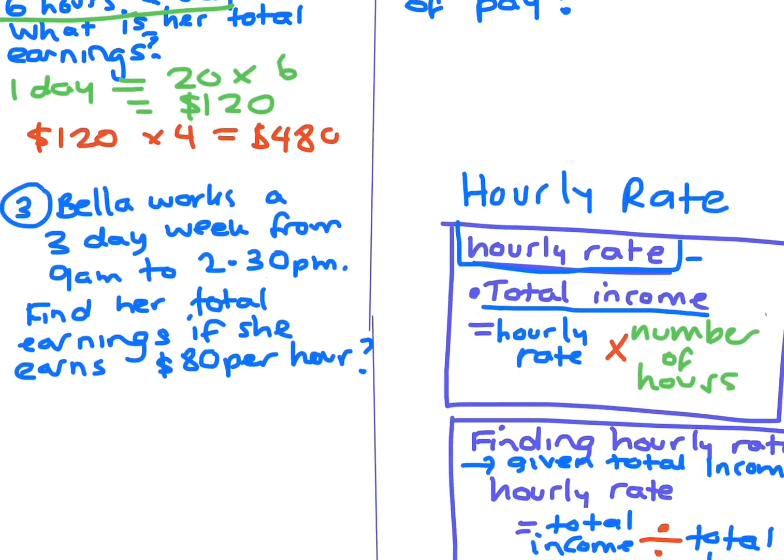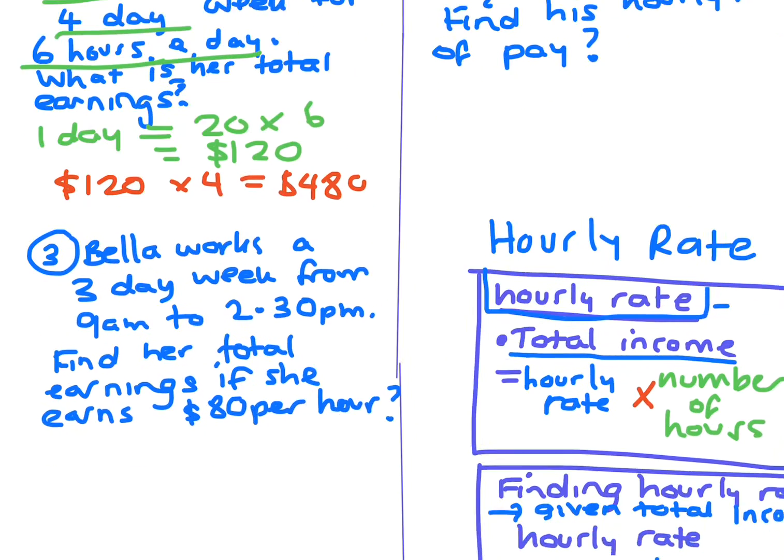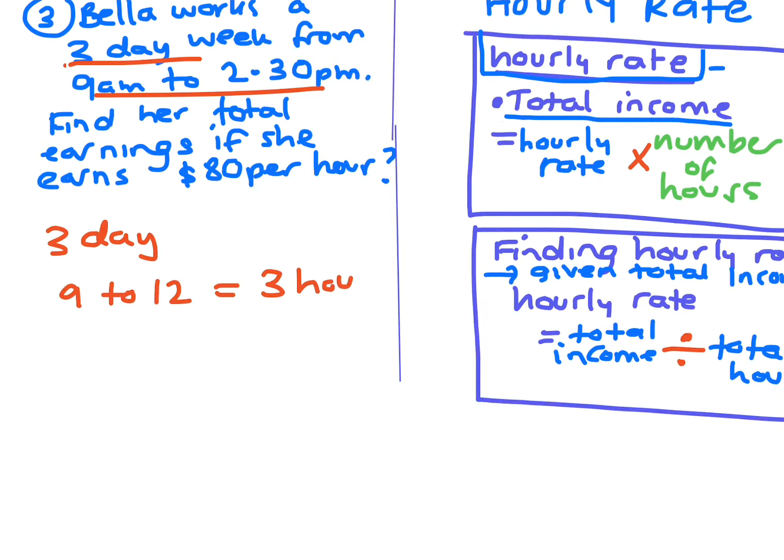Okay, so let's look at Bella's. Bella does a 3-day week, from 9 to 2:30. So 9 to 12 would be 9 to 10 is 1, 10 to 11 is 2, 11 to 12 is 3 hours.